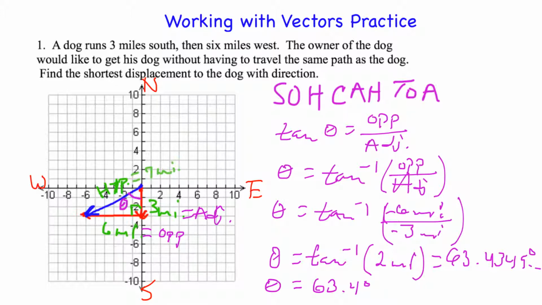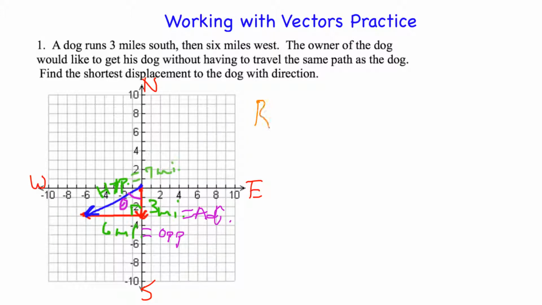So let's write our entire resultant vector. The resultant vector magnitude and direction would be equal to 7 miles at 63.4 degrees, and now we have to say which way that 63.4 degrees is moving.